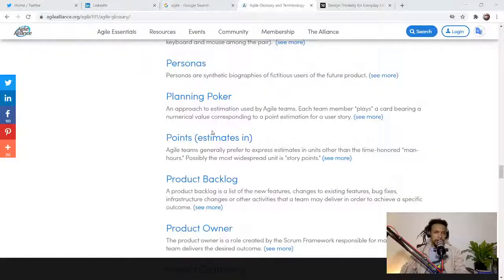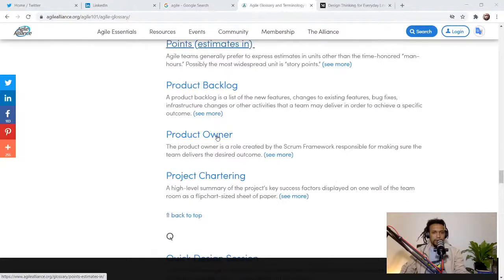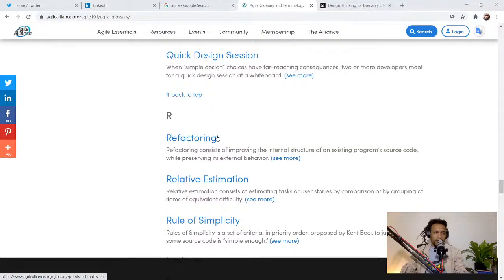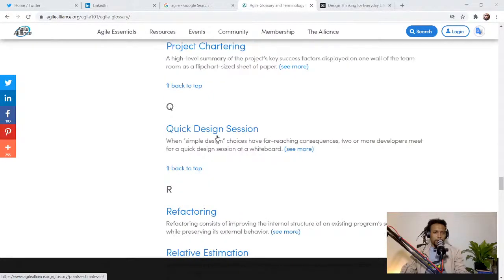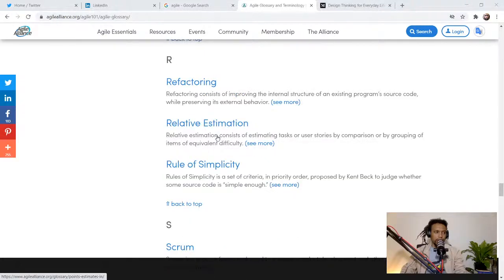I think some of it is actually shared, things like personas, from the UX world, and you might also be familiar with some of the things like backlog if you're in product design or doing other work like that.